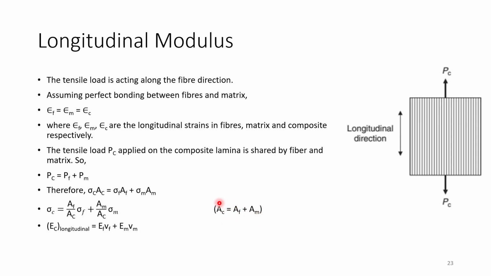So in this case you can write it in terms of volume, keeping length constant. So here you can write elastic modulus of composite equals elastic modulus of fiber times volume fraction of fiber plus elastic modulus of matrix times volume fraction of matrix.